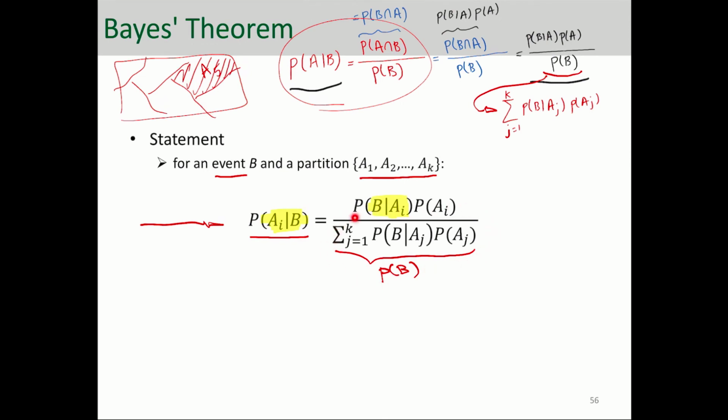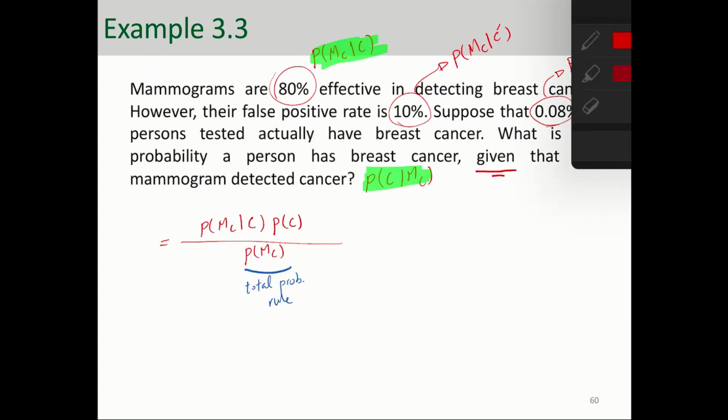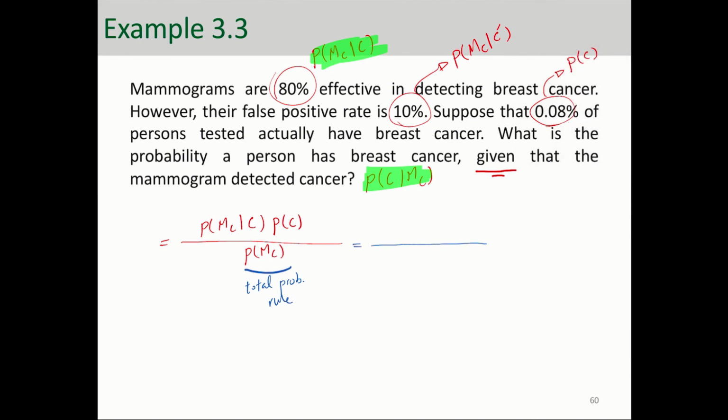Right here is the total probability rule for the probability of B in this case, which was the given information in the conditional probability. So I can replace that with the probability of MC given C times the probability of C, plus the probability of MC given C prime times the probability of C prime. And on the top we have the probability of MC given C, probability of C.